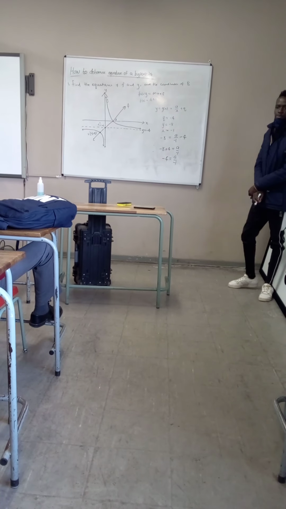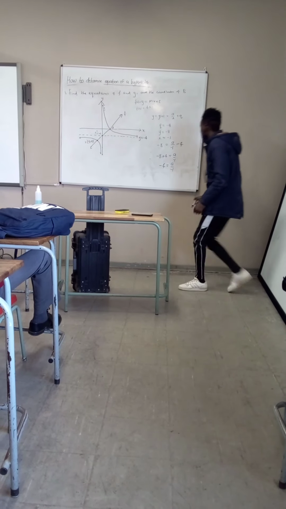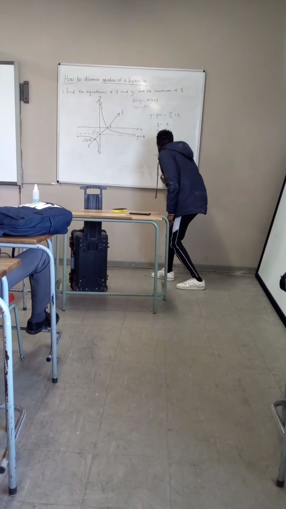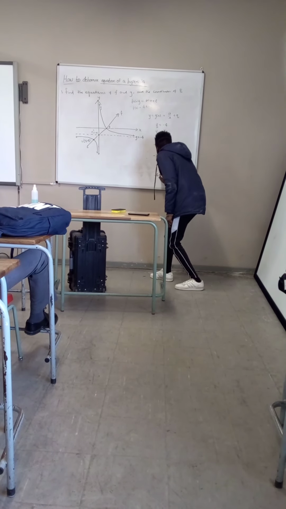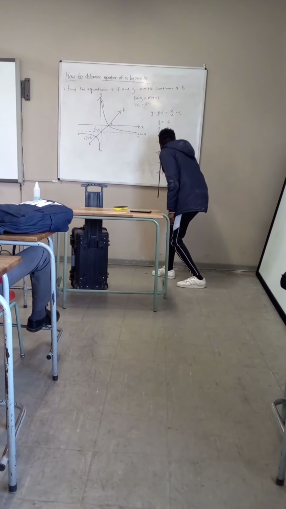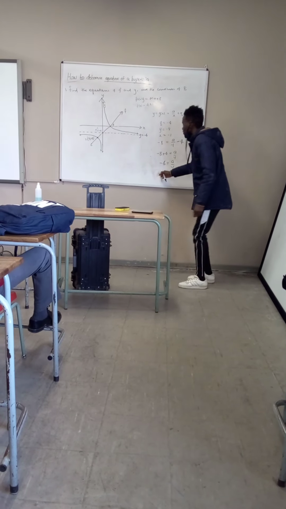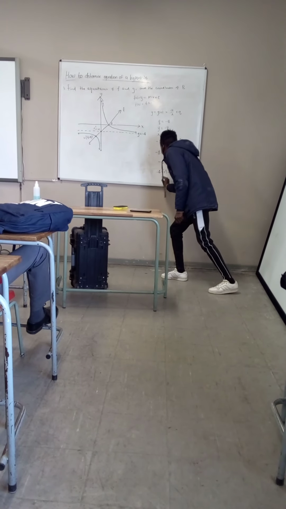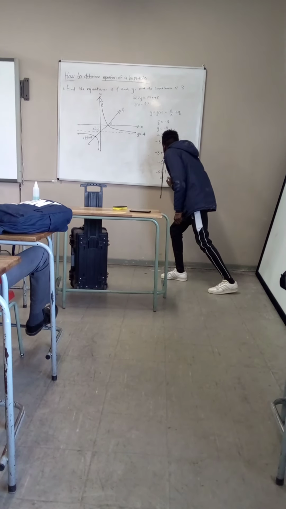And then we cross multiply. What will be the value of my a? It's going to be -4 multiplied by -1, which is +4 again. Our a is 4. And then now we are going to substitute everything there.